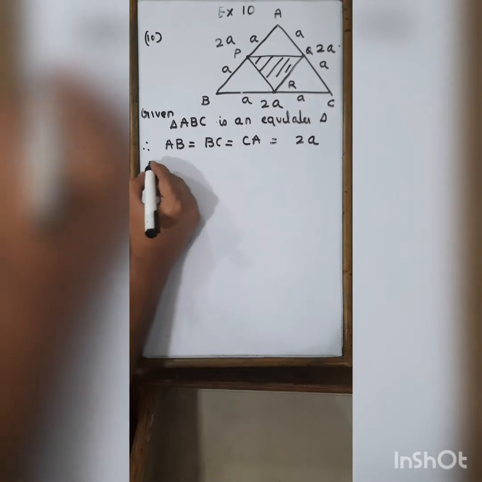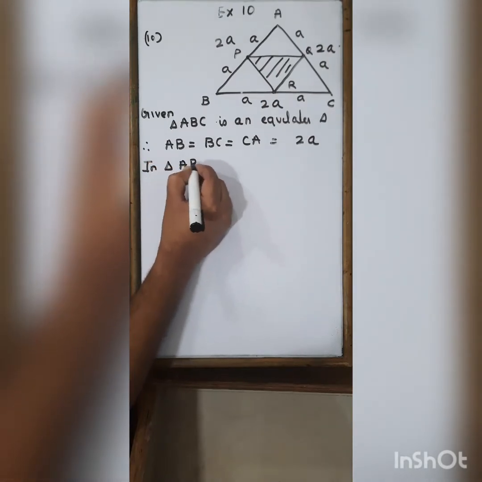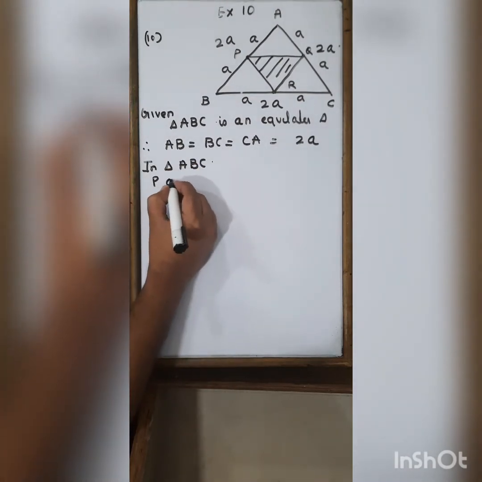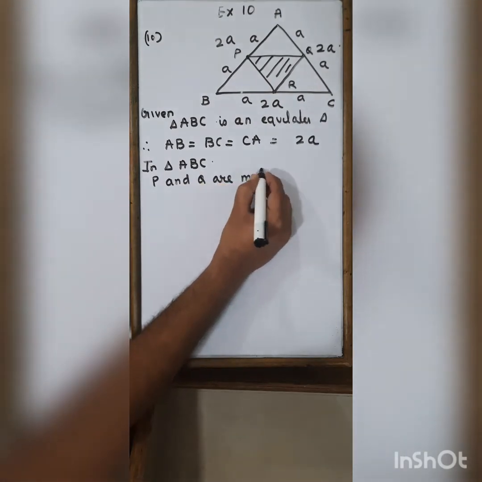It is so easy. So now we know in triangle ABC, you have P and Q are midpoints.